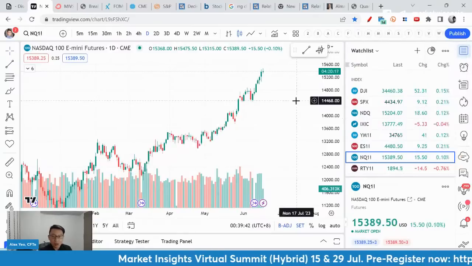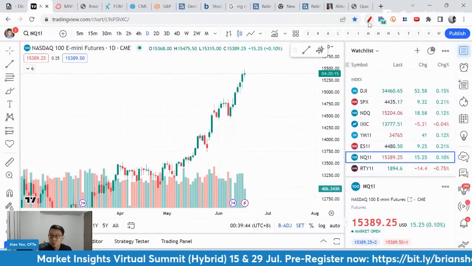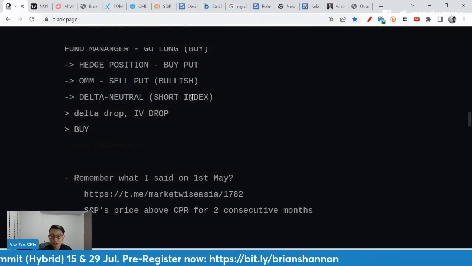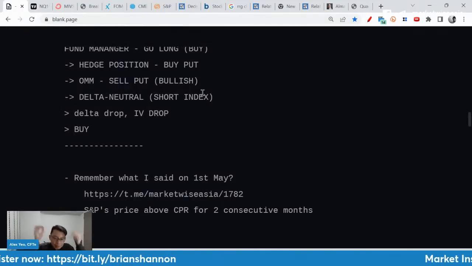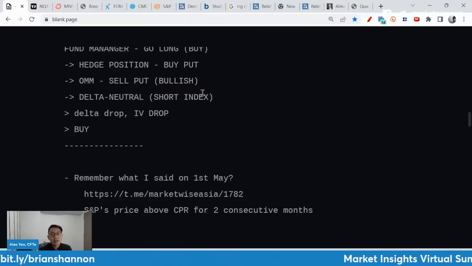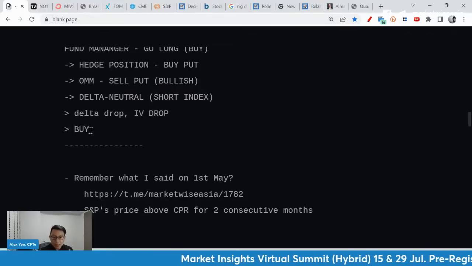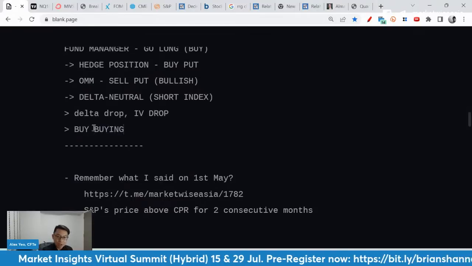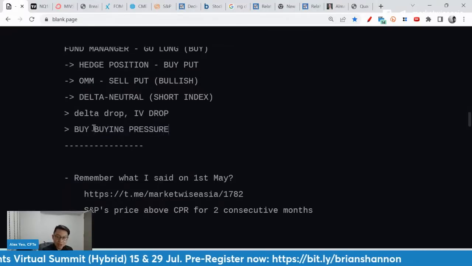That is why the market tends to move up as well. They accumulated a lot of short positions along the way, but only nearing the options expiring this week do they buy back all. Covering a short position is buying back, and this buying leads to buying pressure, which will cause the market to go up.